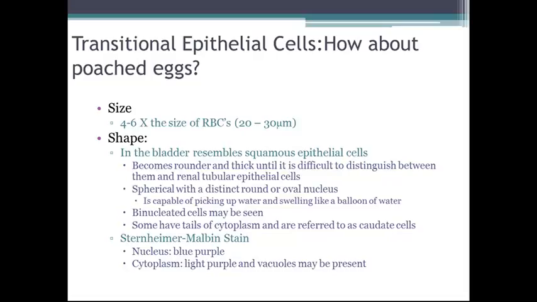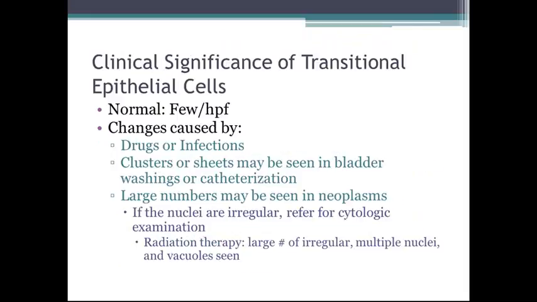They might be binucleated, meaning they have two nuclei, but they are not always binucleated. Some have tails of cytoplasm and are referred to as caudate cells. Sternheimer-Malbin stain will stain the nucleus bluish purple and the cytoplasm light purple, and there might be vacuoles present within these cells.